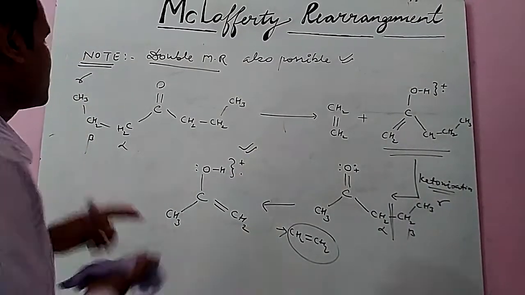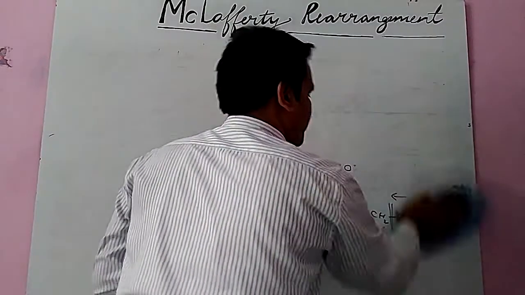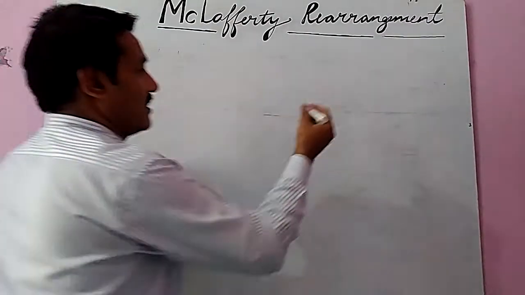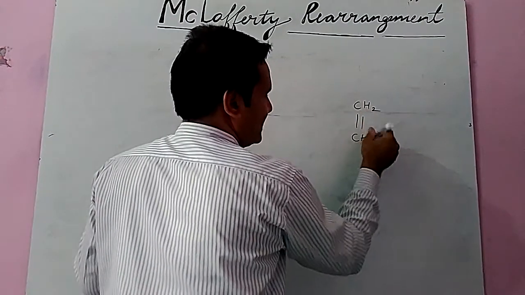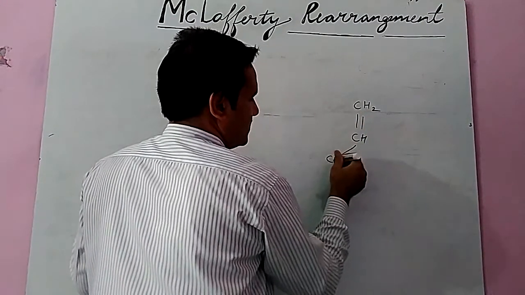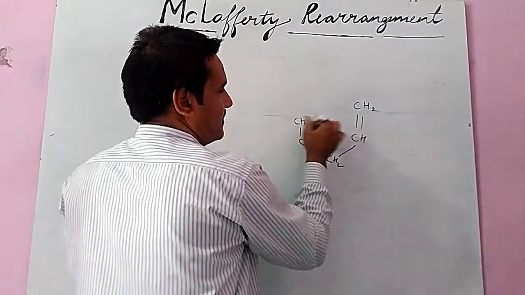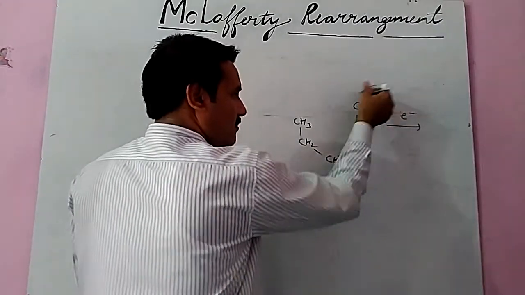One more important thing regarding this, that is in case of 1-pentene, the formation in case of 1-pentene: CH2 double bond CH, then CH2 and CH3. So how does this break? First electron bombardment, how does it break on this?